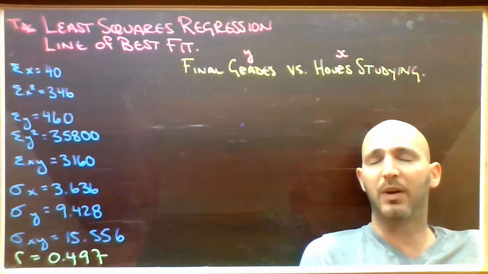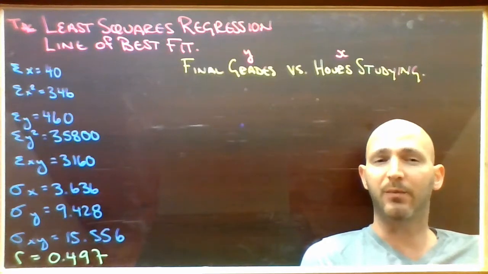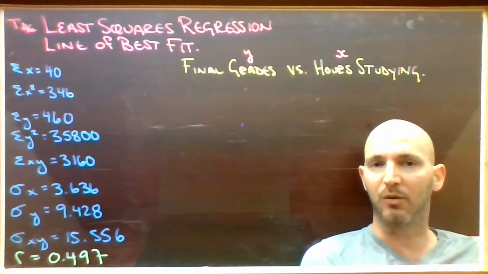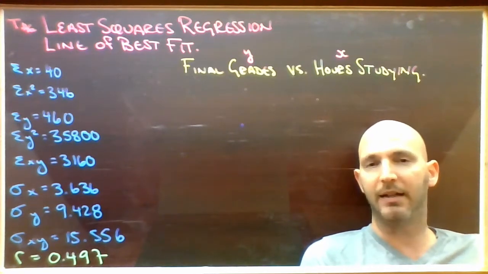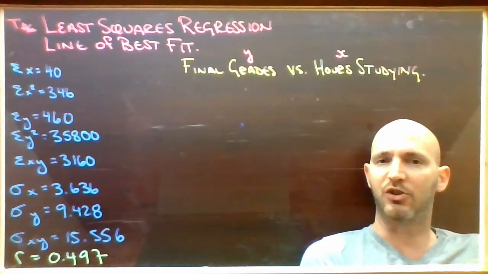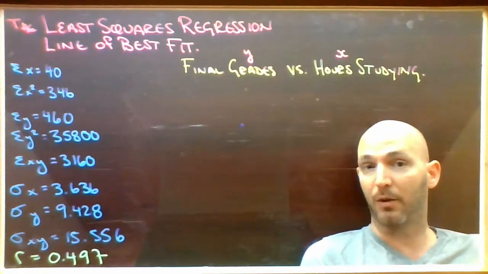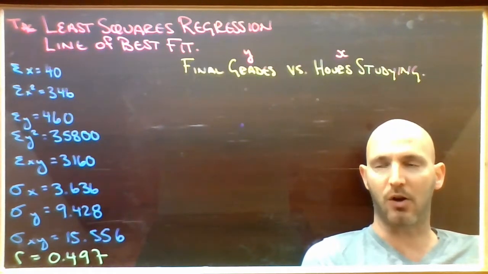So some people read that as 24% linear, or 24% reliable on a linear model. Either way, it's not very good. But we are going to forge ahead just so I can show you how this line shows up on the grid and what we can interpret from it, if we can interpret anything at all.